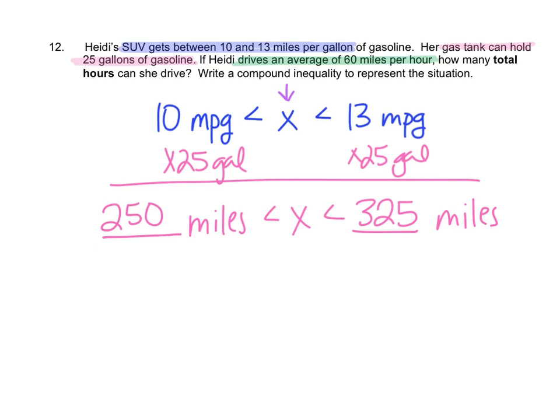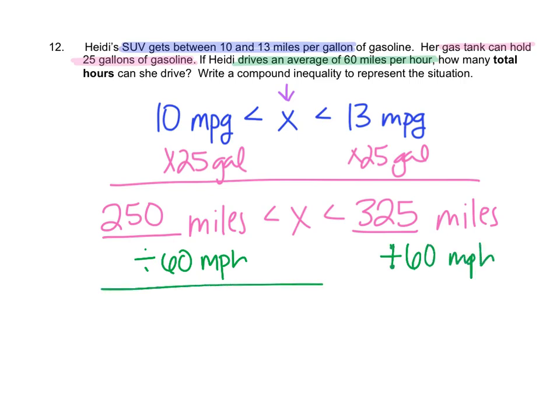If I can go that many miles and I drive at 60 miles per hour, I'm going to now divide by 60 miles per hour, and in doing so with my labels, that's going to tell me how many hours I can go.